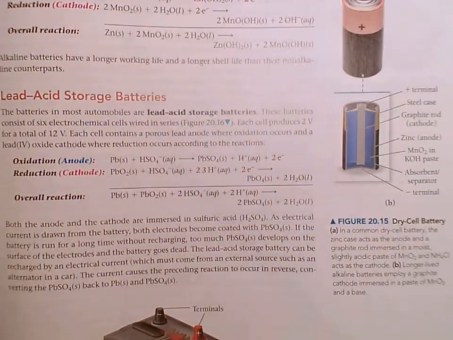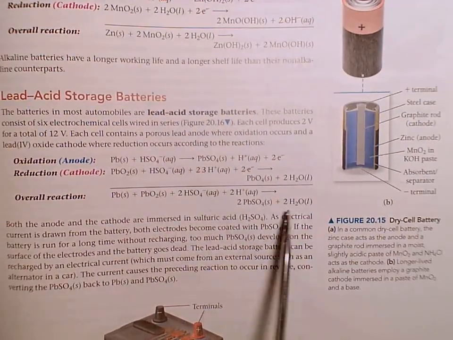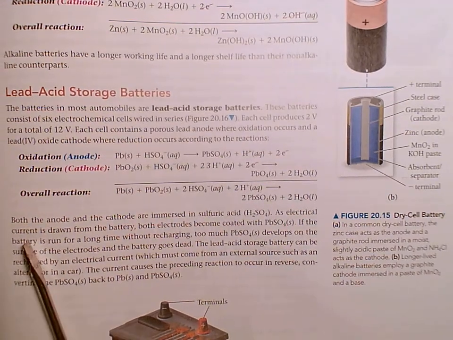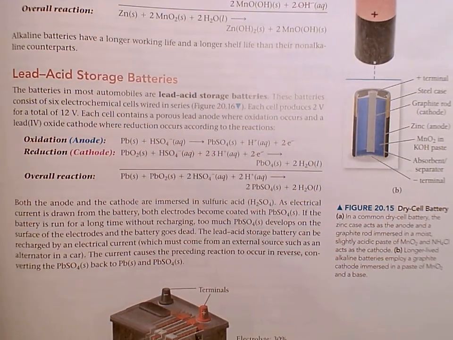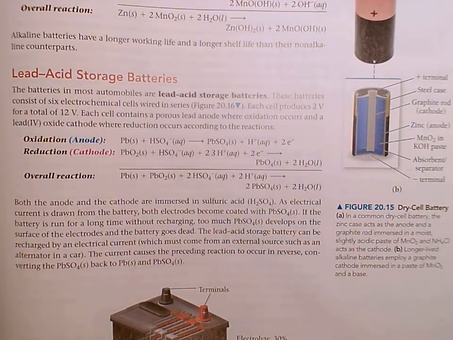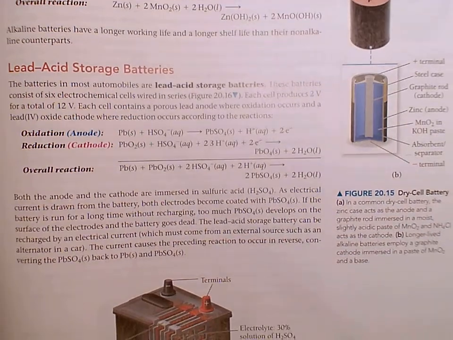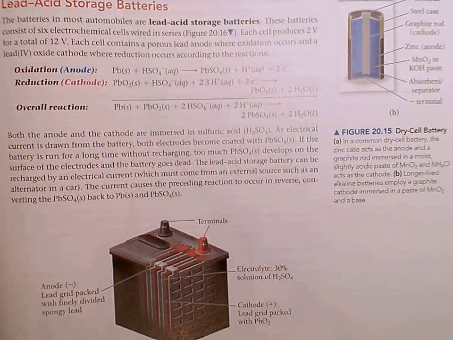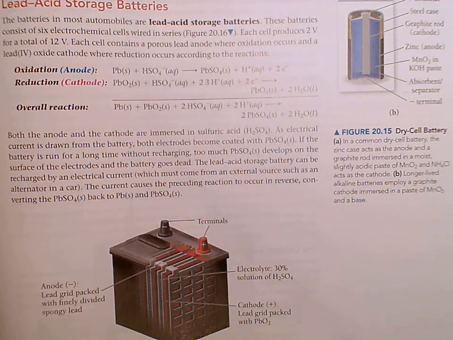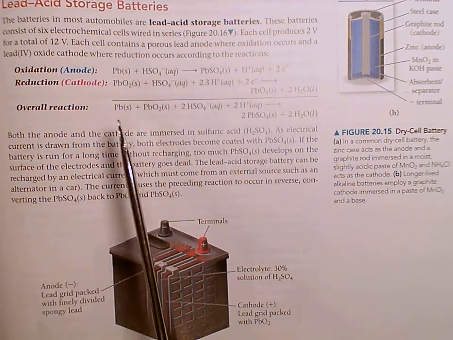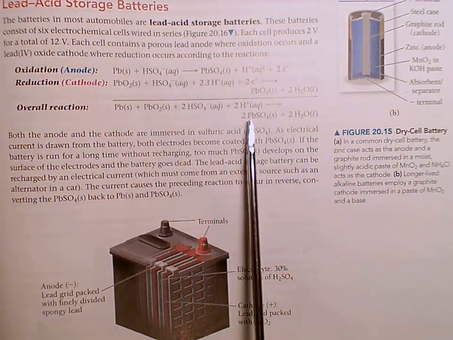All right. In your car, you have a lead acid battery, and here's the reaction for a lead acid battery. Interesting thing about the lead acid batteries in your car is you need this battery to start your car. However, you want your car to be able to charge that battery up, and so the next video will deal with electrolysis, where we're going to actually use electricity to recharge a battery, to make the reaction happen the wrong way, because in your car this is the reaction that occurs.